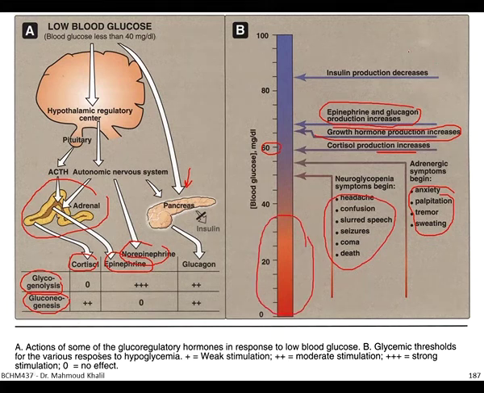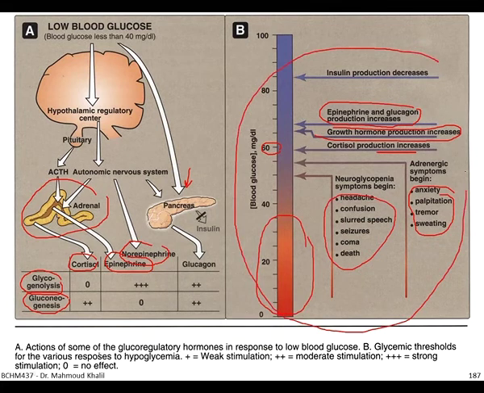Actually this figure is very good in showing the sequence of hormones that start to be secreted as the blood sugar level falls, all of them aiming to raise the blood sugar level towards the normal range.